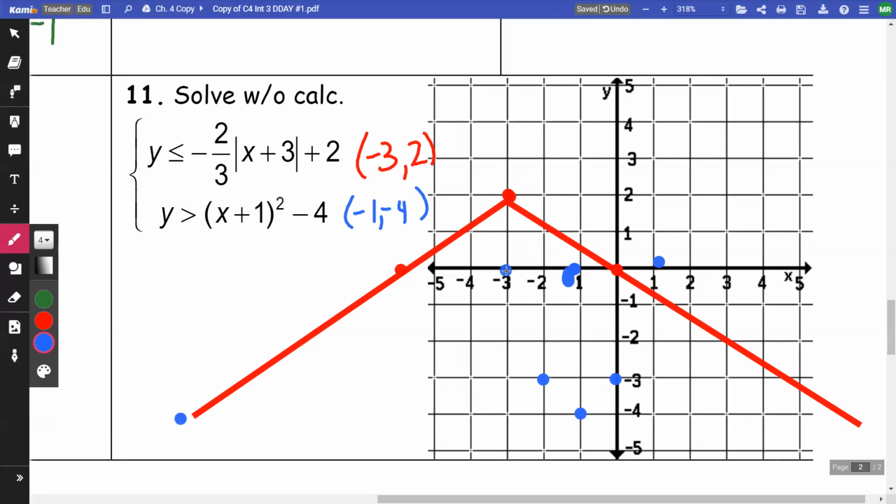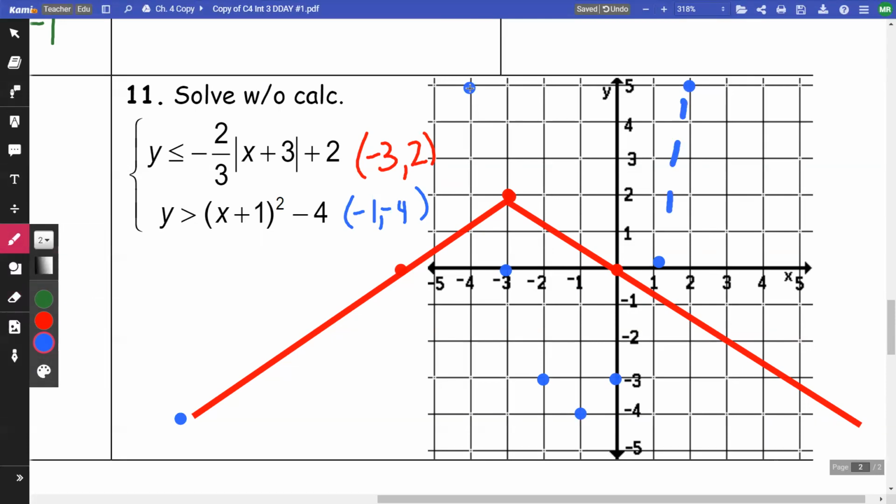And I don't know why this one's here. Oops, that was a mistake. If I go out 3, 1, 2, 3, 3 squared is 9. So 1, 2, 3, 4, 5, 6, 7, 8, 9. And I'm going to do the same on the other side. Now this parabola is a dashed curve.